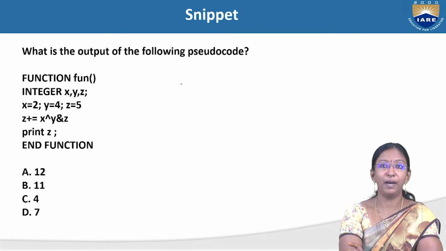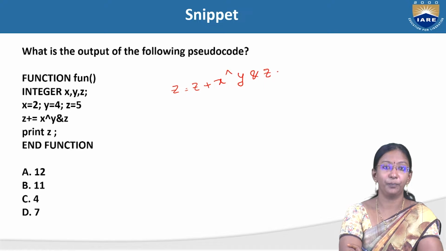If you expand this one, it will be converted into z is equal to z plus x exclusive or y, bitwise and z. So you can see there are four different operators over here. If I start from left to right, the first one is assignment, the second one is addition, the third one is XOR, and the fourth one is bitwise and, right?